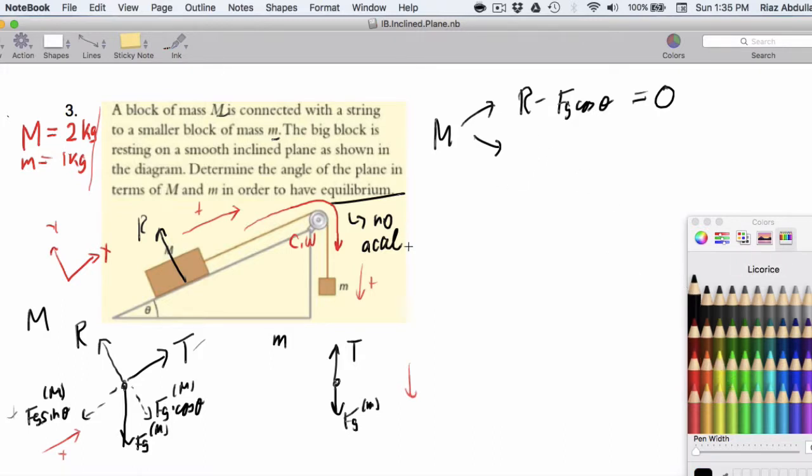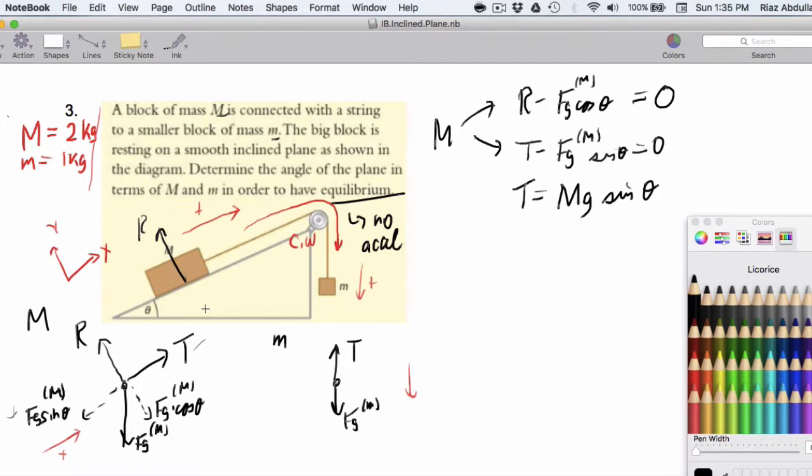So for setting up the x equation for big M, we have T minus Fg of big M times the sine of theta equals 0. So we isolate the tension as being equal to Fg sine theta. Let's go back to our original question.